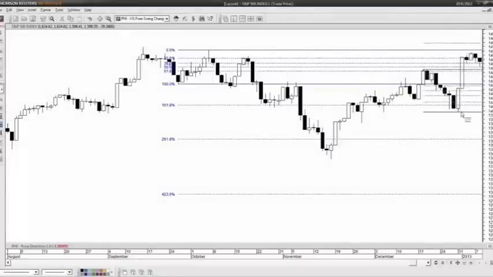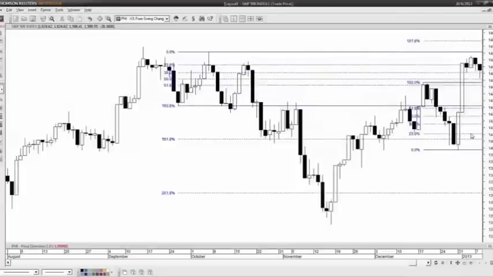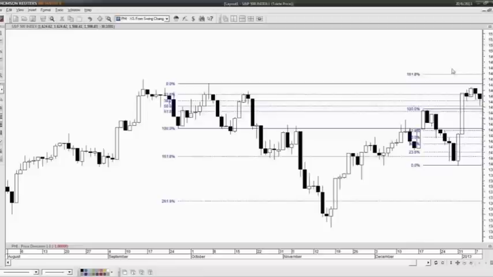So from here to here, and I'm going to change the color. Okay, I guess I can. So from here to here, we would enter at 1450, more or less 1447, put our stop loss at 1397, and our first target would be the 1480.